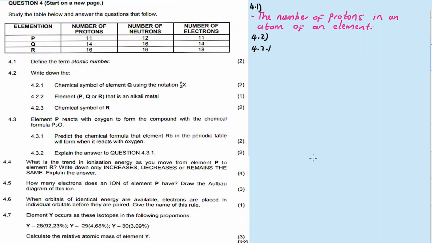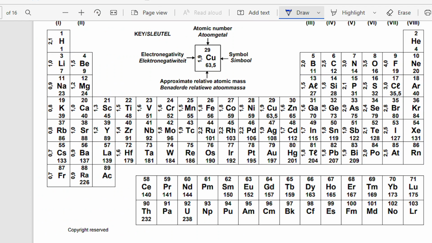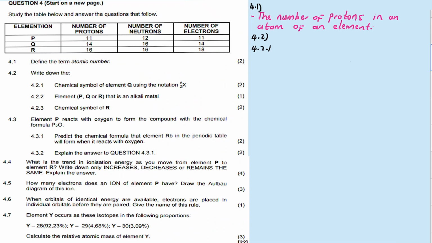4.2.1: you write down the chemical symbol of element Q using the notation AZX. You may consult the periodic table. Okay, let's do this. Element Q has a number of protons of 14.